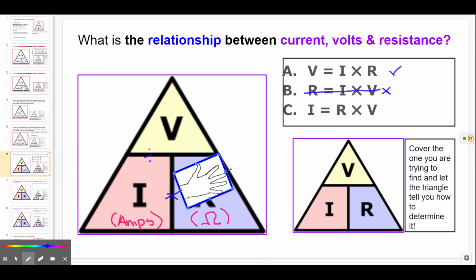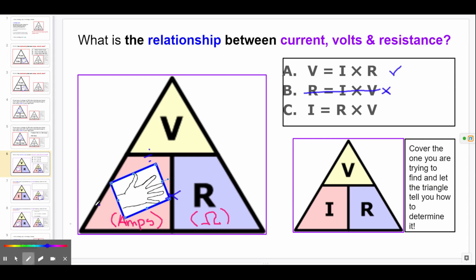If we cover up current, what do we see? Well, we see volts divided by resistance. And C says current equals resistance times volts. That's not correct. So C is not correct. A is the only correct choice here.